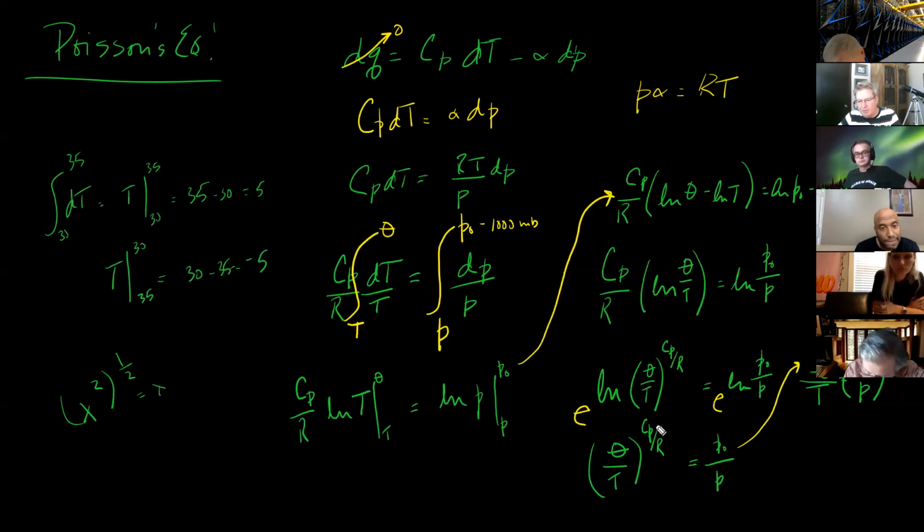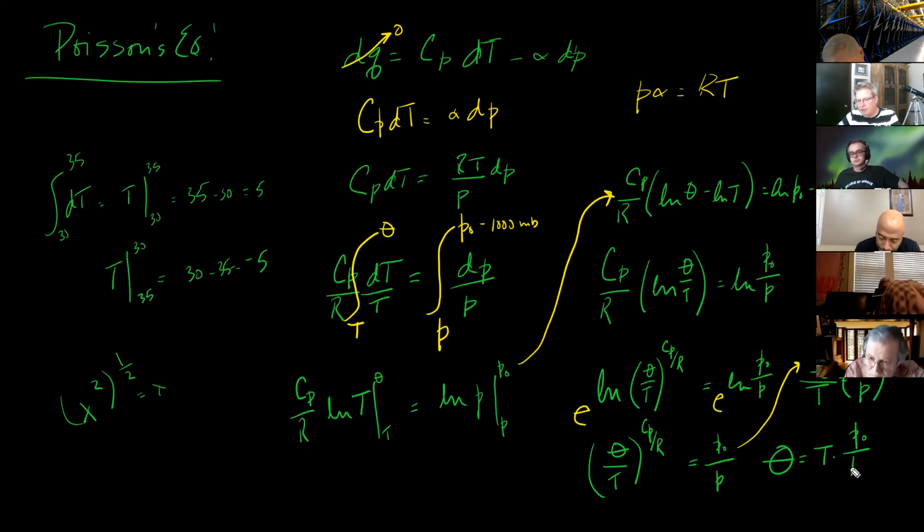So I'm taking it to the inverse of that, R over Cp. So this becomes R over Cp. And then theta equals T times, in parentheses, P naught over P, to the R over Cp.